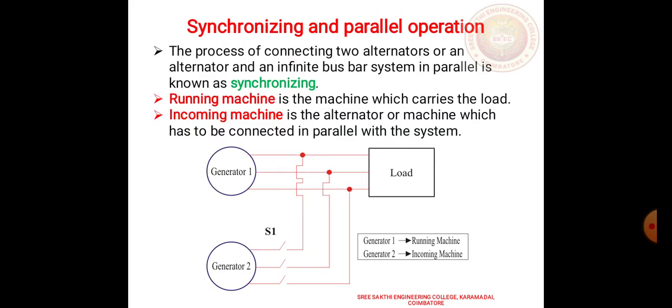Next topic is about synchronizing and parallel operation. First, we are going to see what is meant by synchronization. The process of connecting two alternators in parallel is known as synchronizing. Here, one machine is called the running machine, which always carries the load, and the other machine is the incoming machine, which has to be connected in parallel with the system when the load requirement is high.